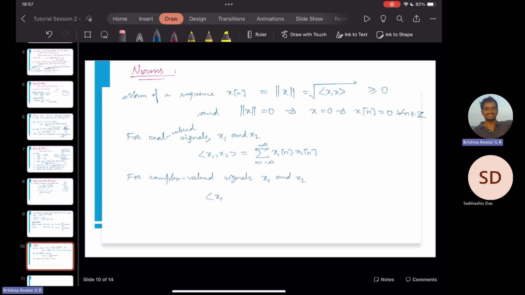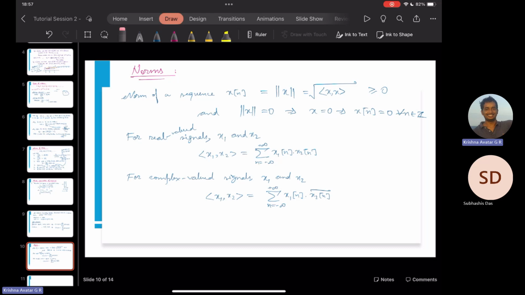The inner product of these two will be equal to the summation from n equals minus infinity to plus infinity of x1[n] and the complex conjugate of x2[n], right?